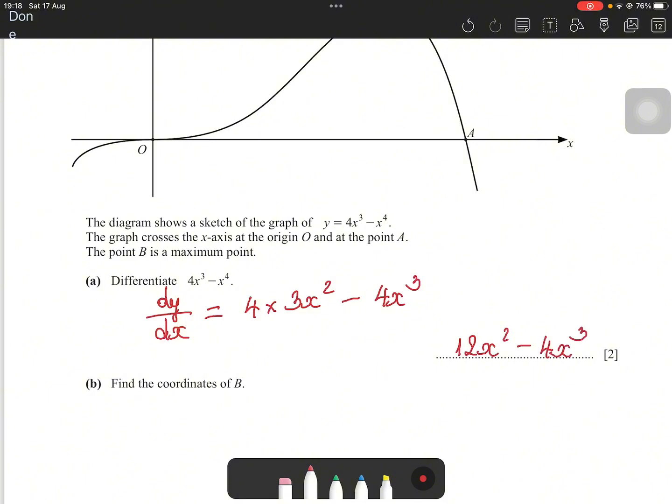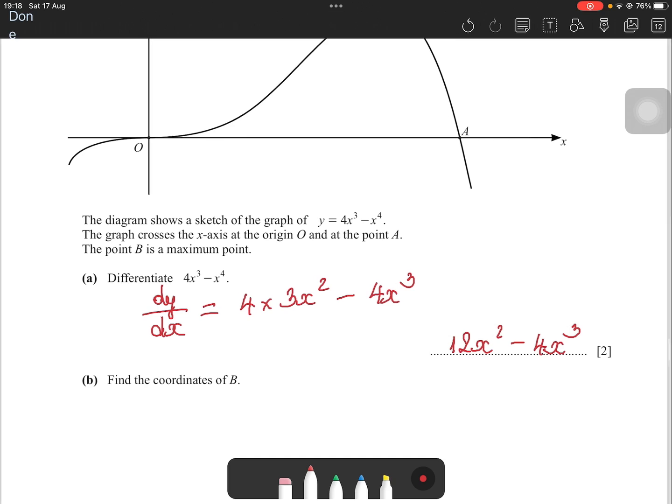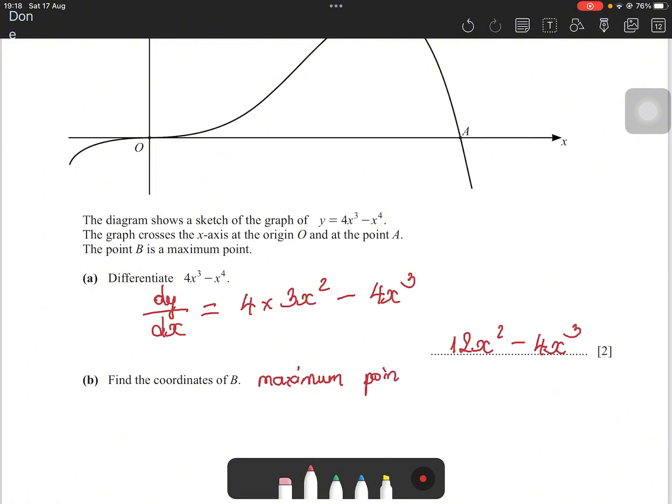If you want to find the coordinates of B, B is the maximum point, or we say that B is a turning point. It means we will let the derivative of the function be 0. So it is 12x squared minus 4x cubed equals 0. And we factorize this. The common factor is 4x squared.